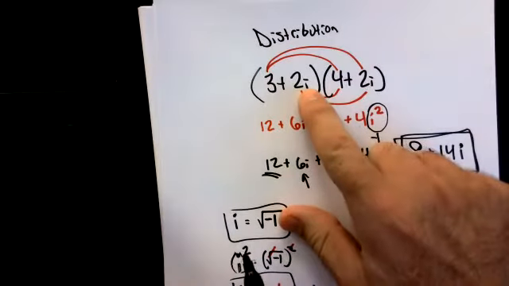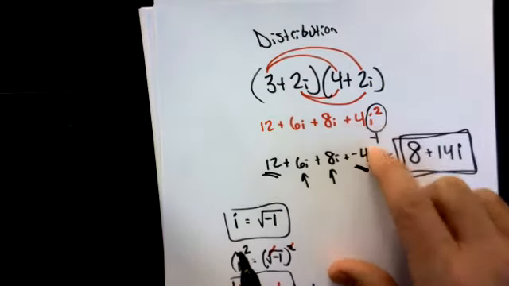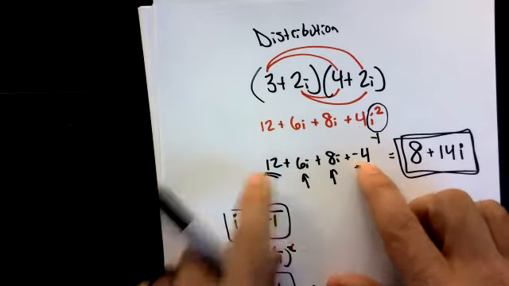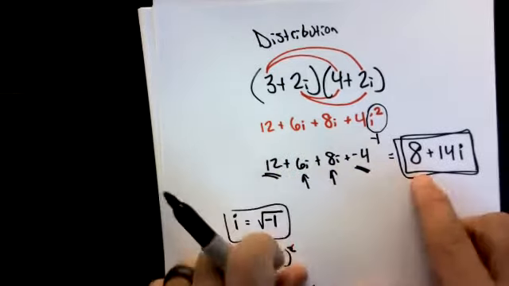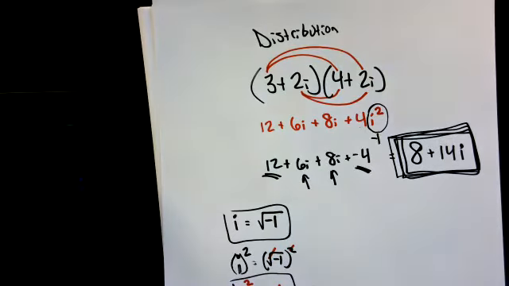And if you take an imaginary number times another imaginary number, that i squared simply becomes a -1. It takes this +4 and makes it a -4. Then we go back to combining, add your real parts, add your imaginary parts. This is the proper simplified answer.